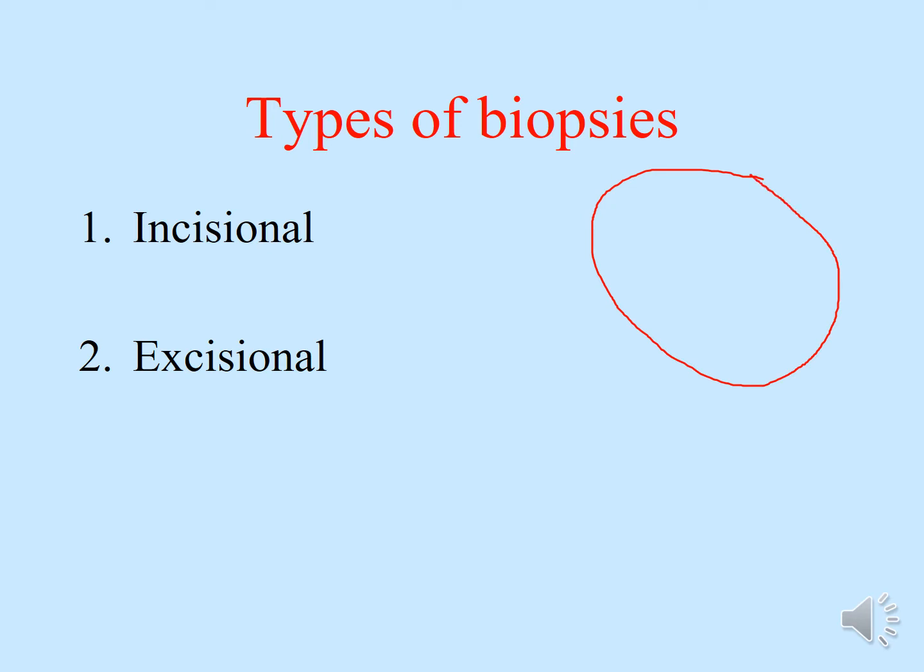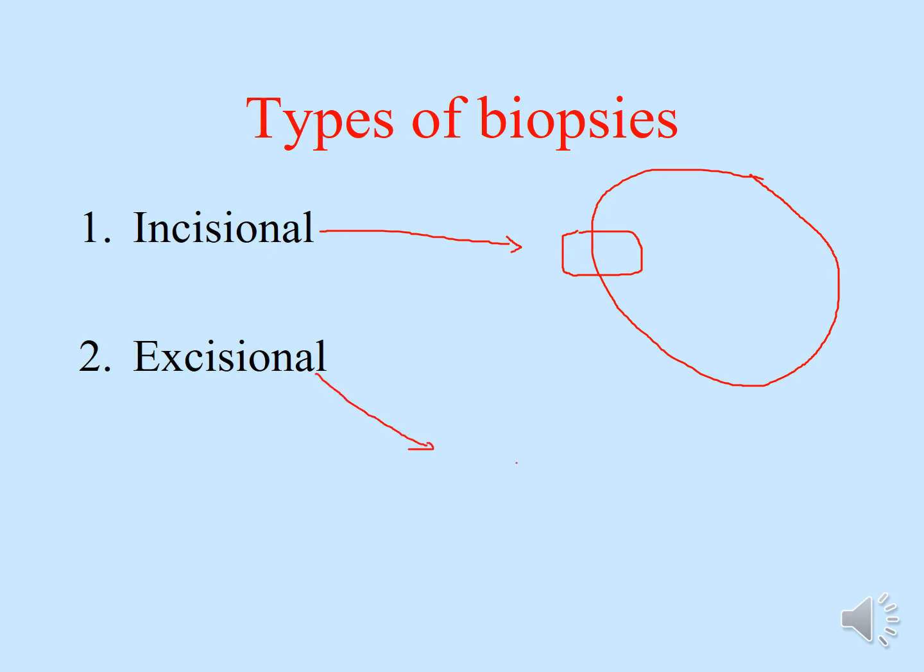Let's say there is a very big lesion here, and we want to know what this lesion is. Then we take a small piece of this tissue and examine it. And this small piece that's taken from a large lesion is called an incisional biopsy.